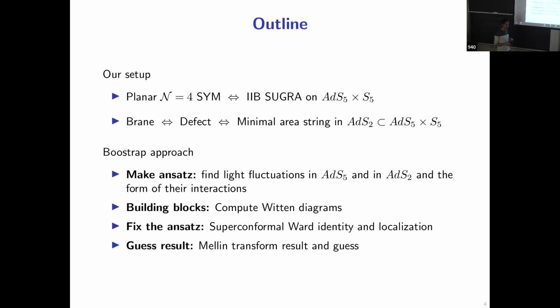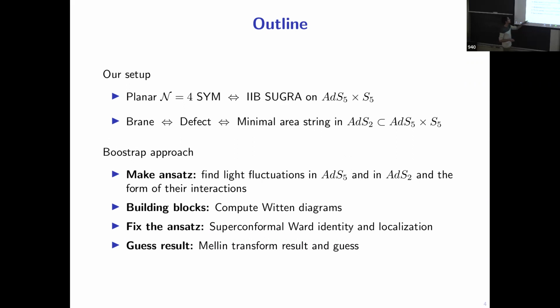Yes. So what does it mean, string in AdS2? No, so the string extends, yeah, maybe that's not the proper way to say it. The surface forms an AdS2 inside AdS. Now I'm going to describe the setup in a bit more detail. Do you mean Euclidean or Minkowski? Yeah, Euclidean.